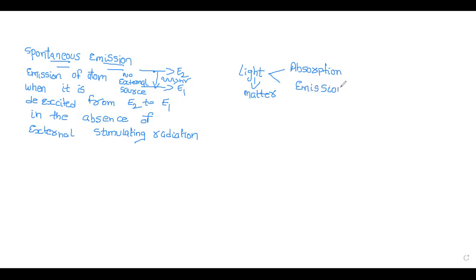Now, this is very, very important to understand. Either absorption is taking place or emission is taking place. Absorption means light is made to be incident on the atom. Emission is possible in two categories: it may be stimulated emission, or it may be spontaneous.